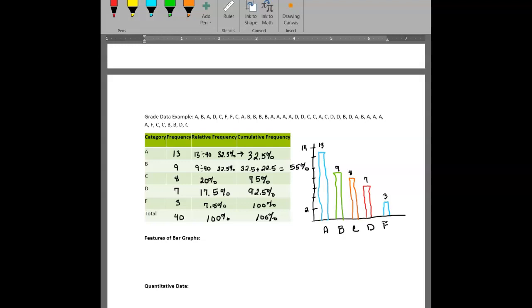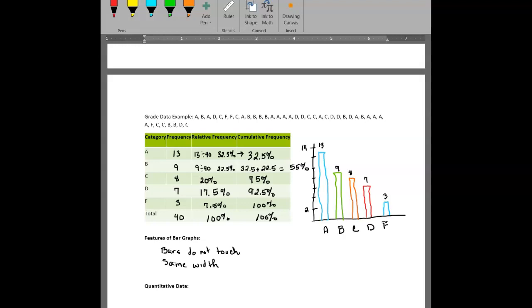Okay, notice your bars do not touch, and they are the same width. So that is one of the ways that we could account for qualitative data, is by using a bar graph.